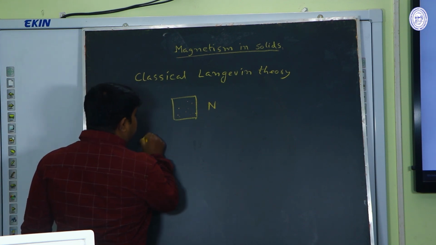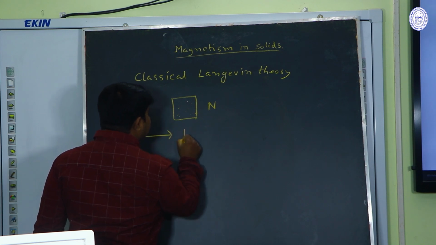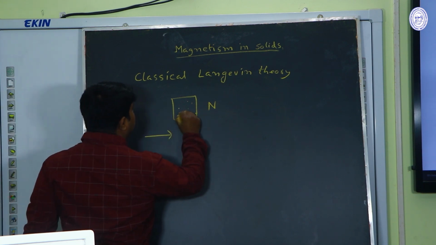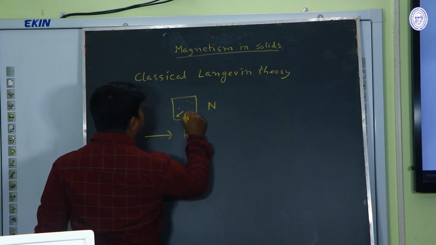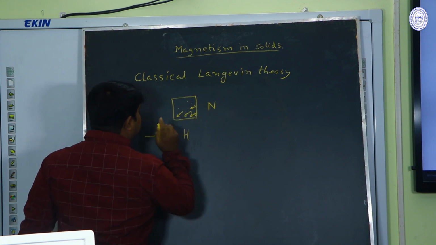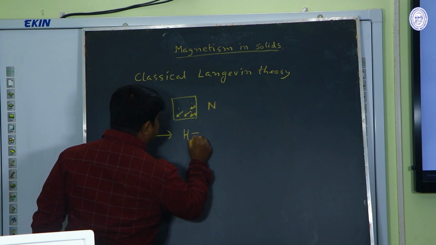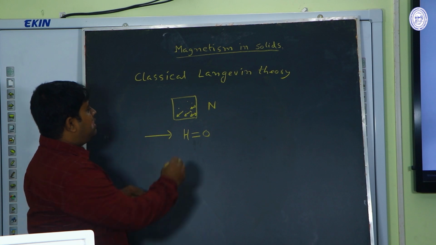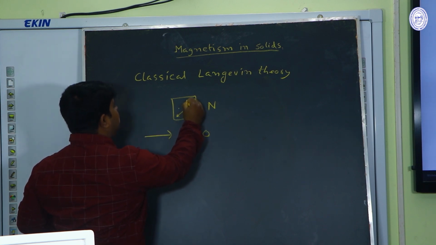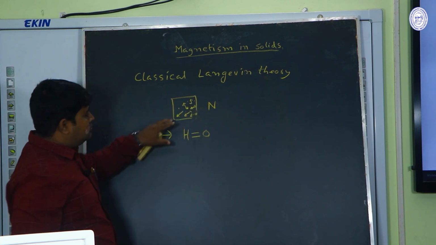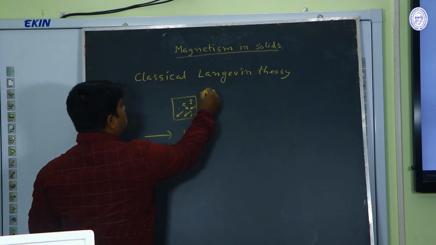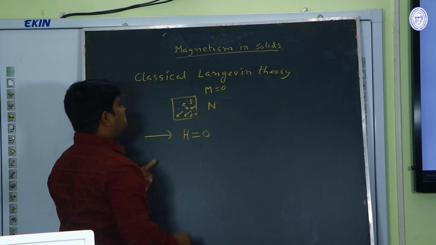In the absence of a magnetic field, when the magnetic field is 0, the magnetic dipole moments are randomly oriented. So the net magnetization of the substance is equal to 0.